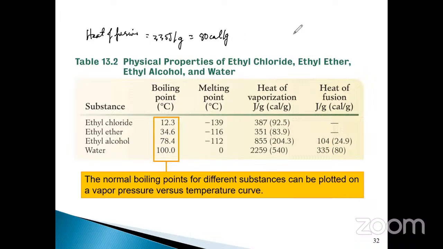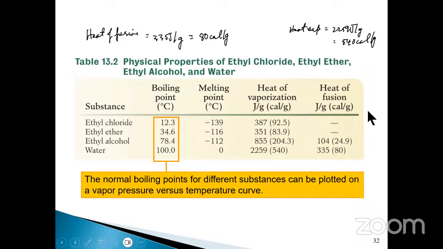All right, and while I'm at it, let me also write down the heat of vaporization, which I'm going to talk about shortly, which is equal to 2259 joules per gram, which is equal to 540 calories per gram.